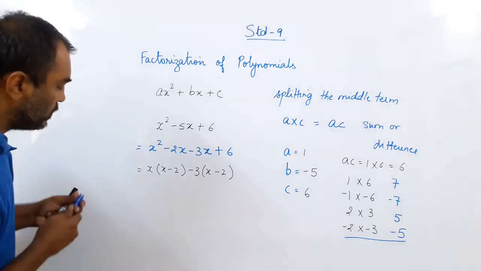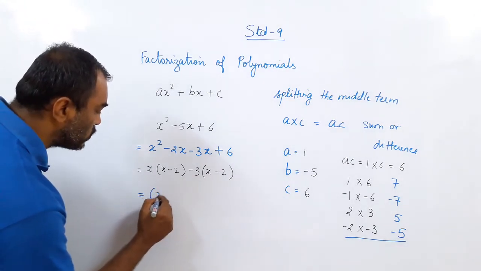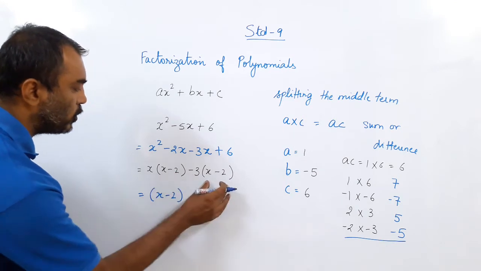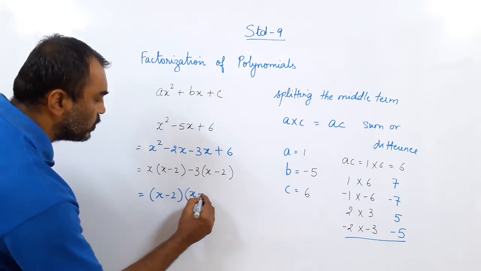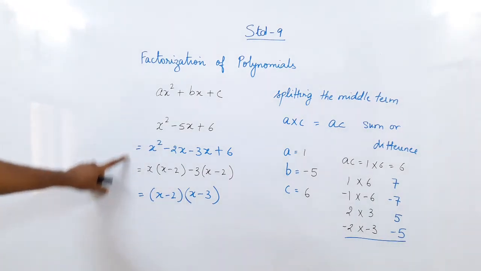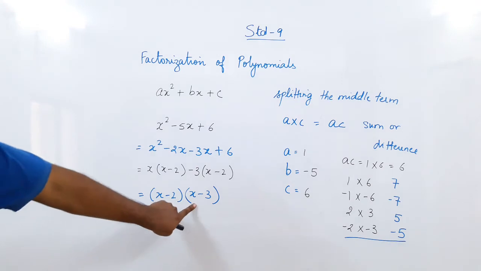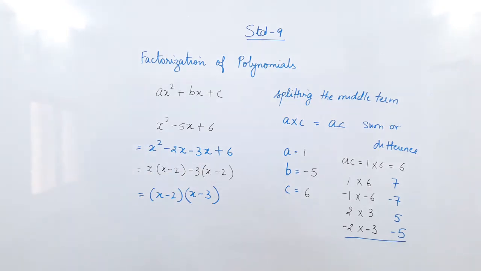Next you get this factor x minus 2 is common to both, so I take it out common to both. So what remains with x and minus 3? So x minus 3 remains. So by using the splitting the middle term method, I have found the two factors for this polynomial. It is x minus 2 and x minus 3. Is it clear to you?